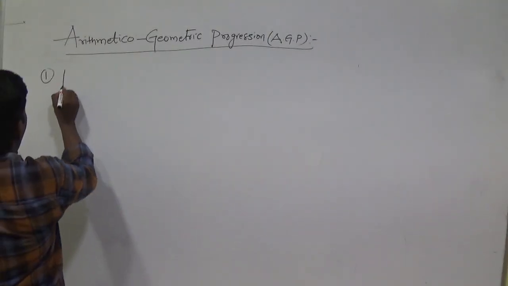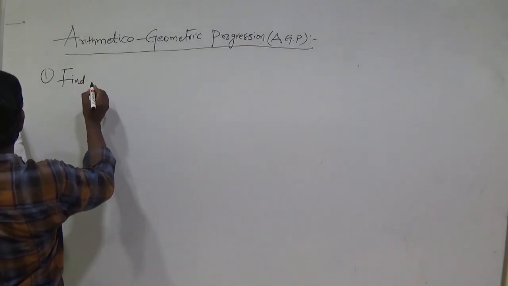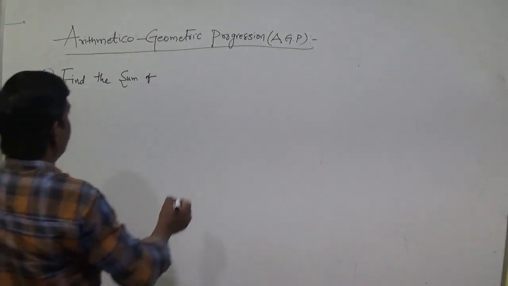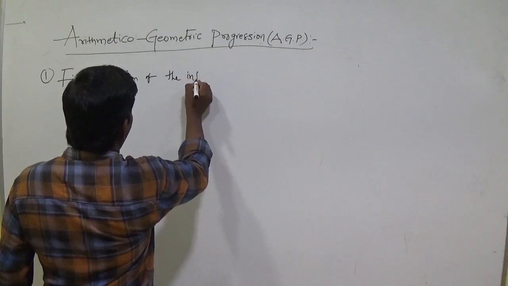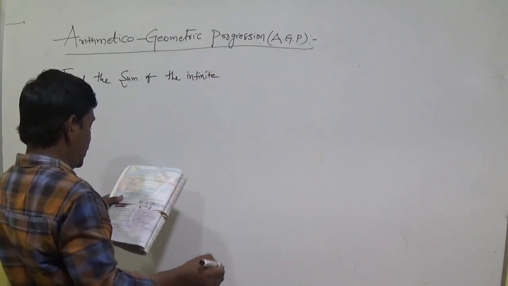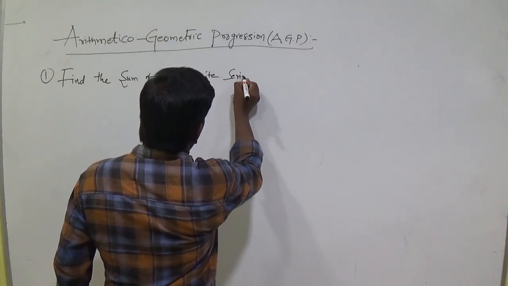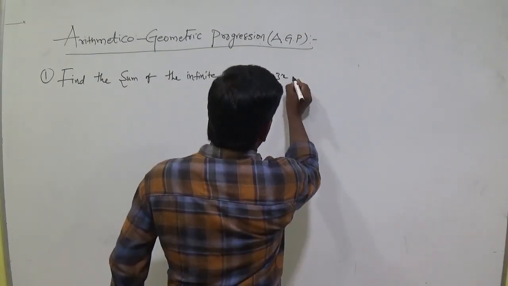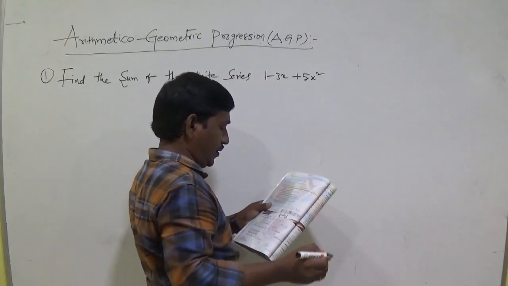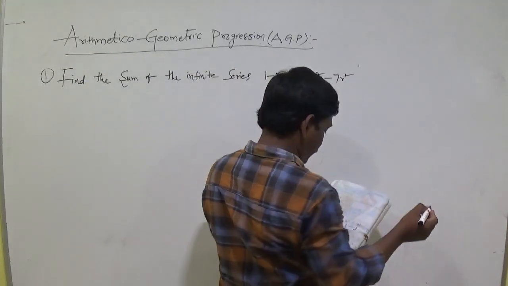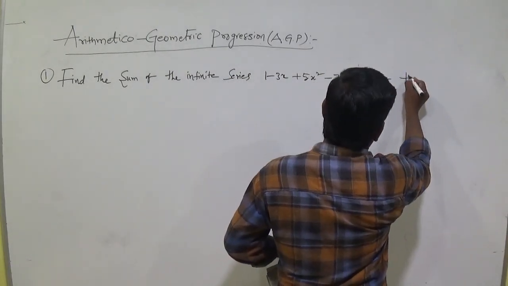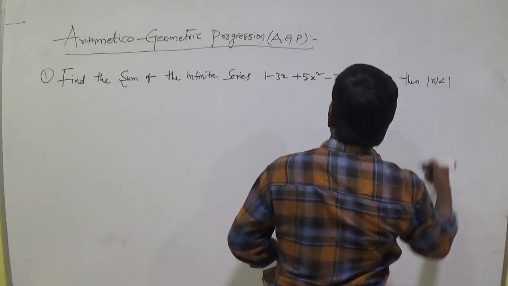First one, find the sum of the infinite series 1 minus 3x plus 5x square minus 7x cube, and so on, then mod x less than 1.